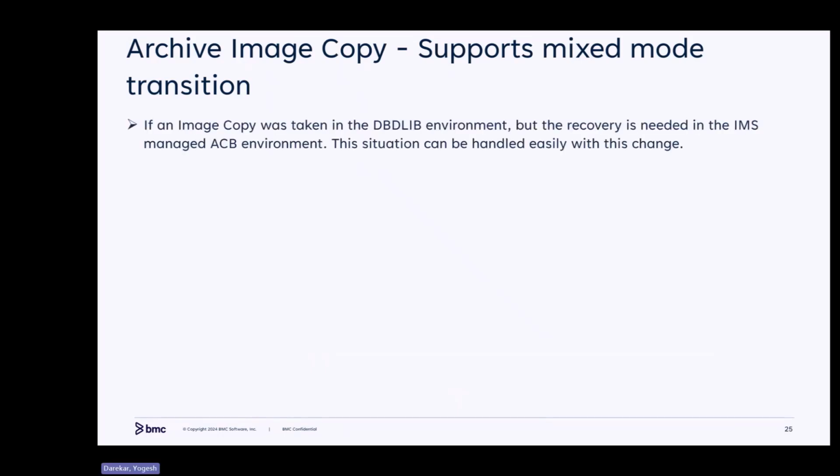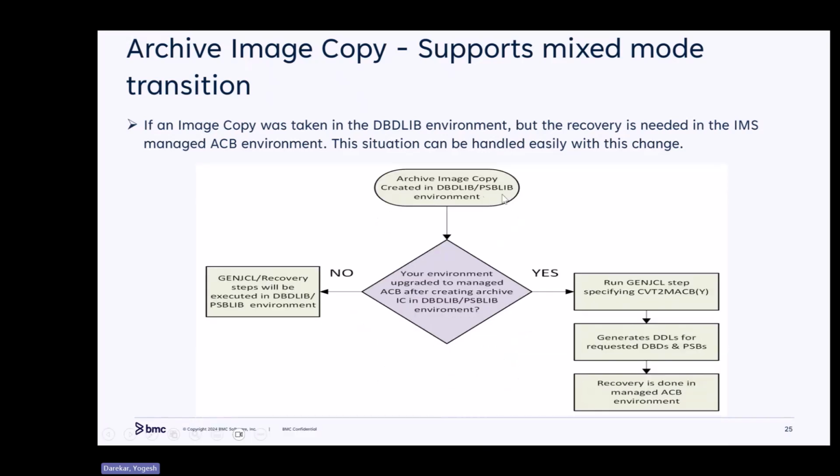Apart from this, our archive image copy also supports mixed mode transition. That means if you have taken archive image copy in a non-managed ACB environment, like in DBDlib or PSBlib environment, but your environment is upgraded in future to managed ACBs, then archive image copy also supports this transition.